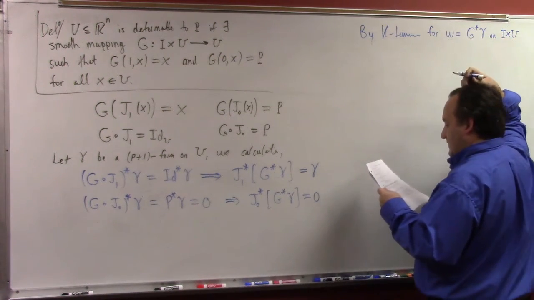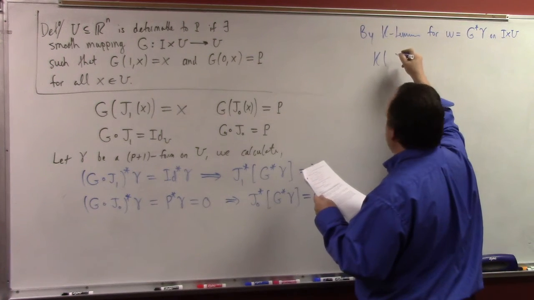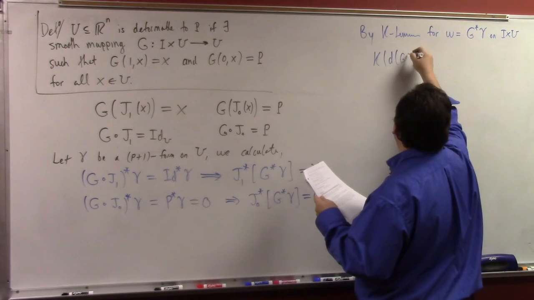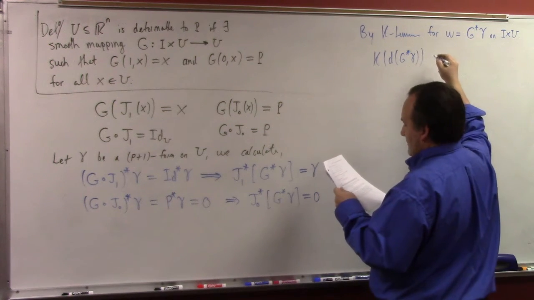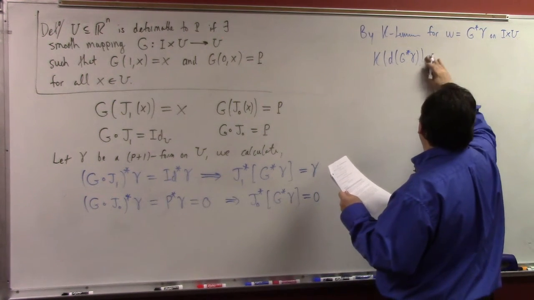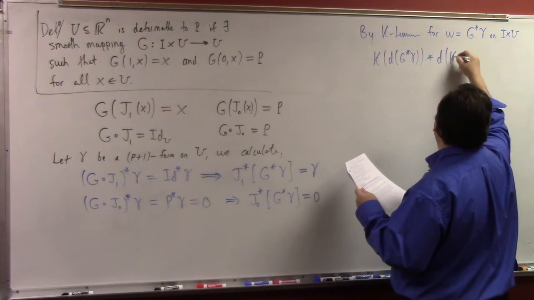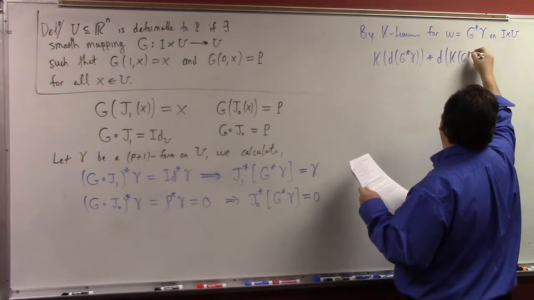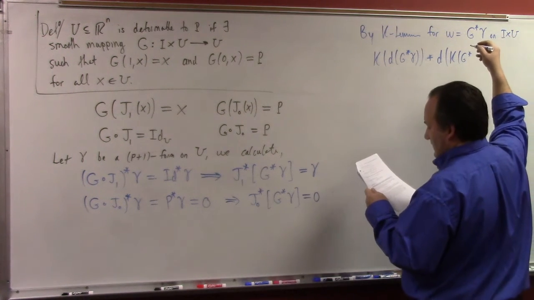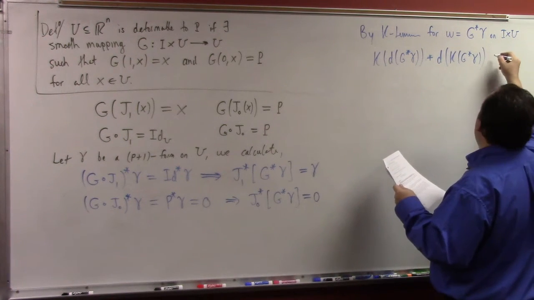Well, that gives us that K of D of G pullback gamma, plus the differential of K acting on the pullback of gamma under G, is equal to gamma.